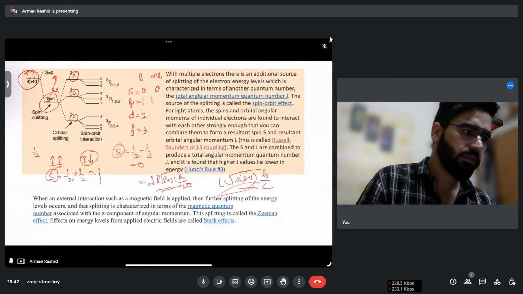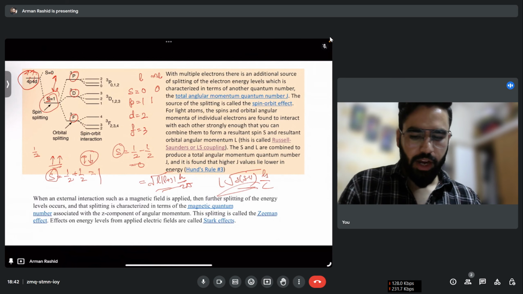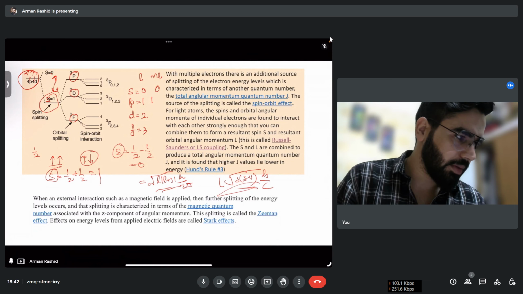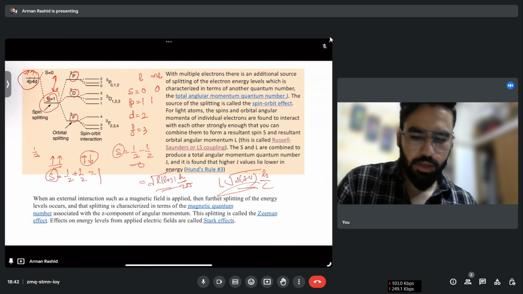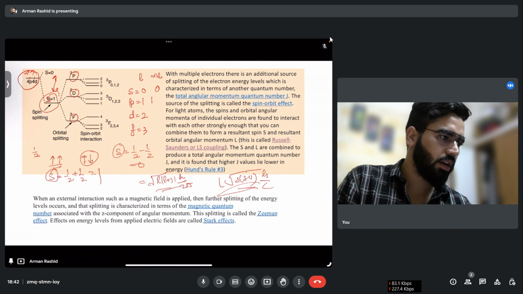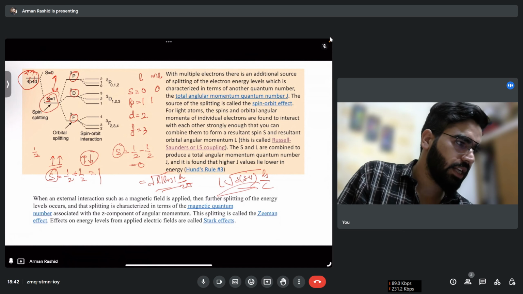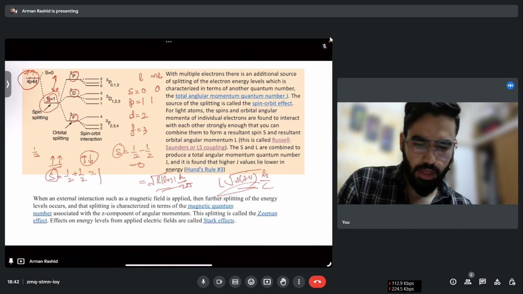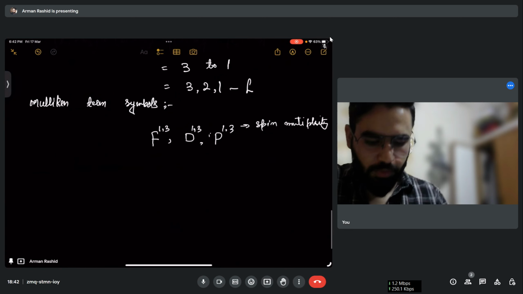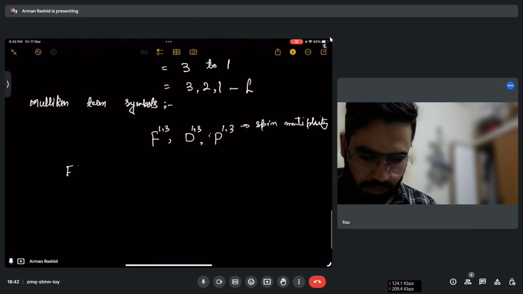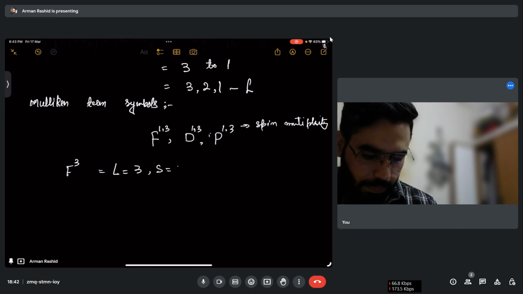Then we have to represent the total angular momentum quantum number. We do it the same way, one angular momentum plus another angular momentum. For example, if we take F3, L is here 3, how much is S? S is 1.